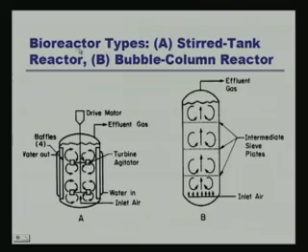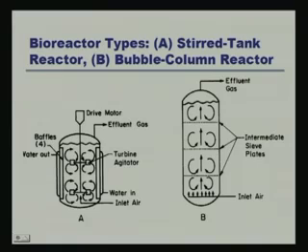Now, when we are talking about the bioreactor, we mainly talk about the stirred tank reactor or bubble column reactor or some other type. So, here in the stirred tank reactor, the main objective is that aeration is there and we are putting some impeller for uniform distribution of oxygen throughout this medium.